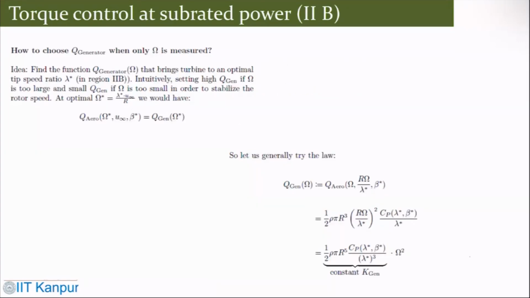The idea is to find the function of Q generator that brings the turbine to an optimal tip speed ratio, intuitively setting Q generator, and then we can use the basic equation to find that. That's how one can control this whole system.